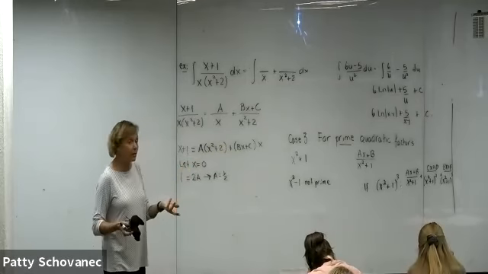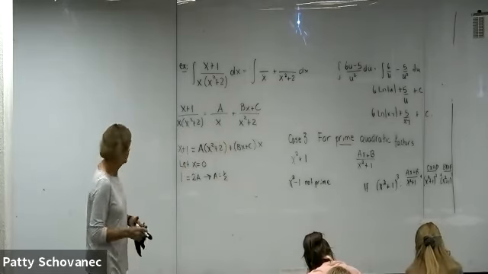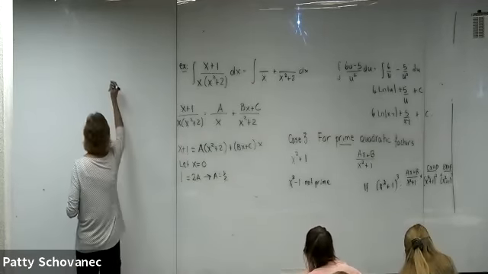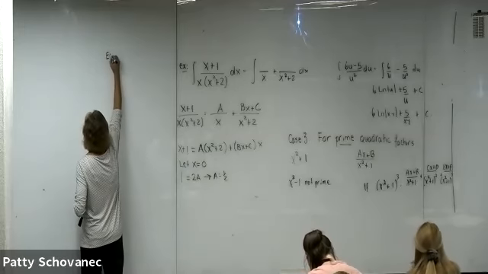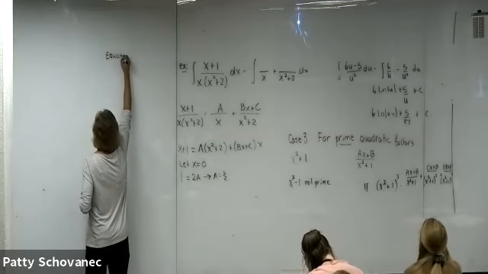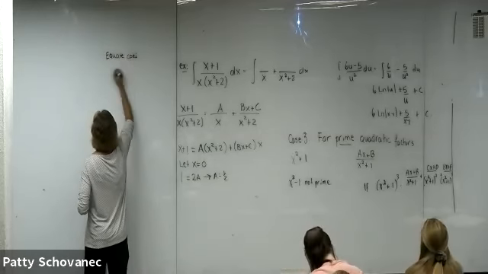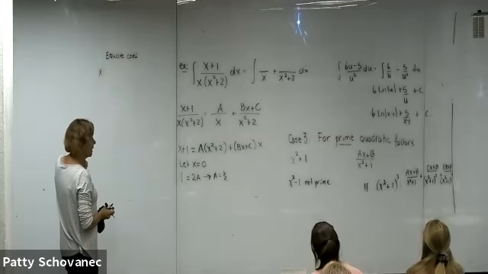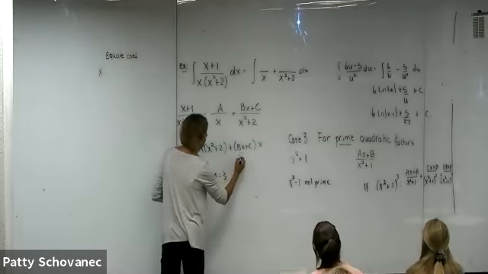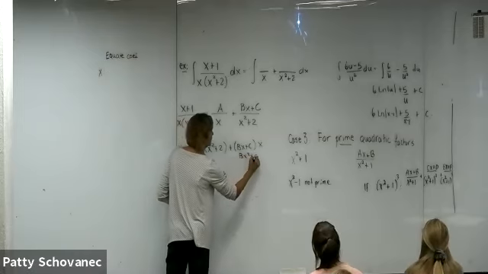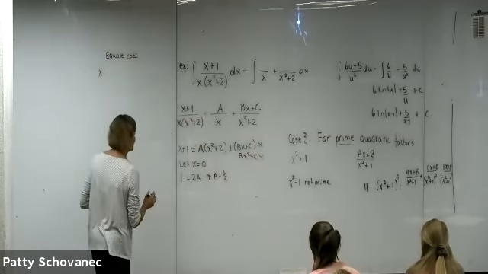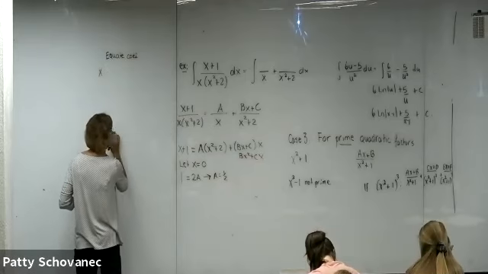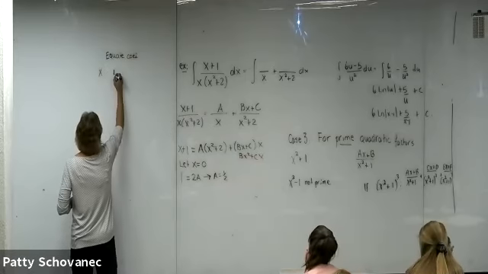The rest I'll have to equate coefficients. So let's see. What terms will have an x on it? Just a plain old x to the first power. Just c, right? Because if you multiply this out, you get bx squared plus cx. So we can get c using the fact that the coefficient of x here and this coefficient of x have to be the same. So c is 1.